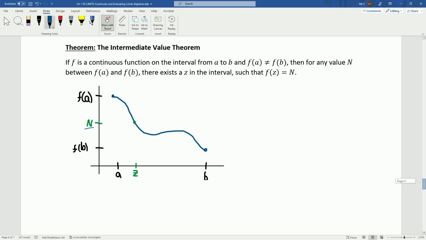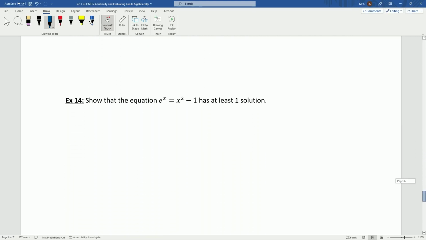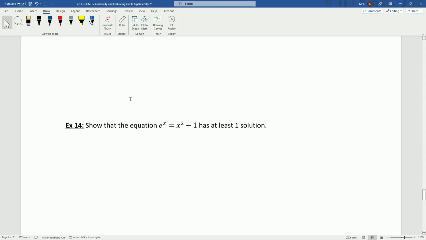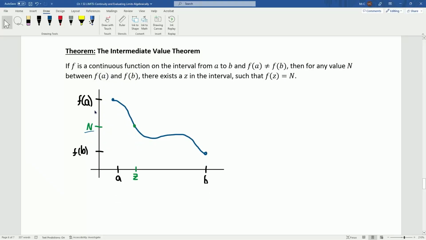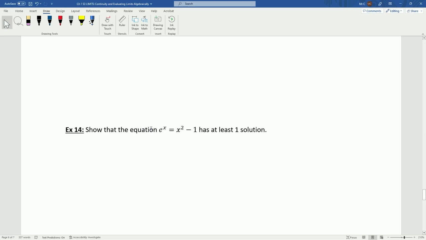So we can use the intermediate value theorem to justify a lot of things, and we're just going to look at one example here. Show that the equation e to the x equals x squared minus 1 has at least one solution. In order to do this, we have to actually be thinking about a function, not an equation, because the intermediate value theorem only tells us about the behavior of functions, but we can make that happen with just a little adjustment.